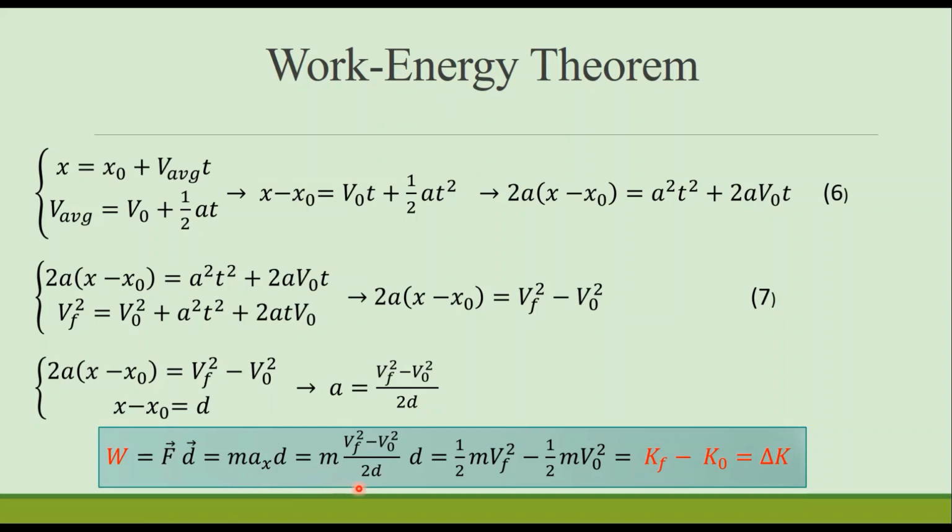Now, using the previous equation of acceleration, we get Kf minus K0. This equation is known as the work-energy theorem. It demonstrates how the work done on an object is related to the change in its kinetic energy. The net work on an object is equal to the object's final kinetic energy minus the initial kinetic energy.